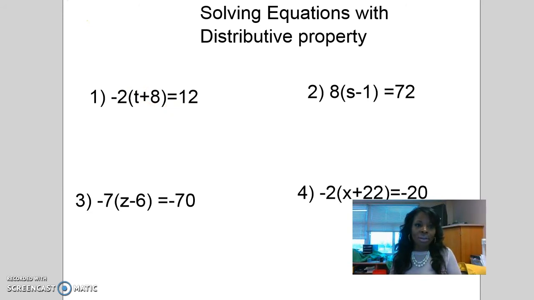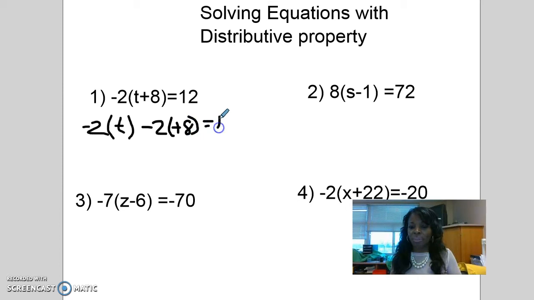So let's write down -2, and we have to multiply that times the t. But the -2 is outside the entire expression, so we also have to multiply the -2 times the positive 8. And then all of that equals 12.